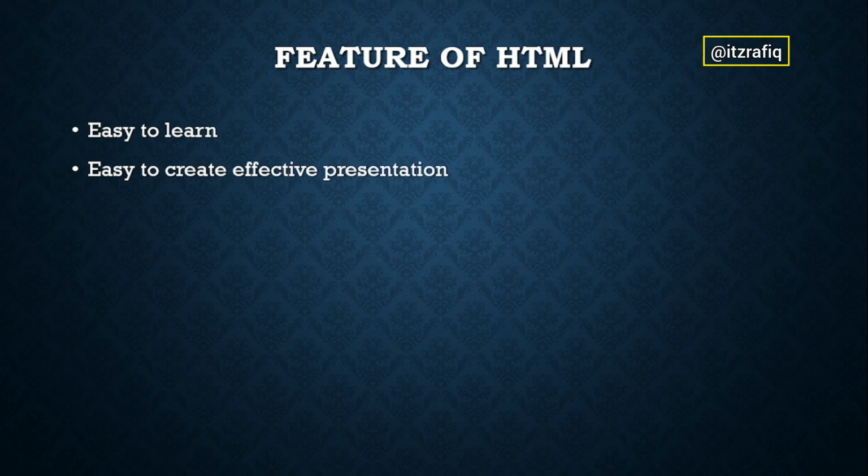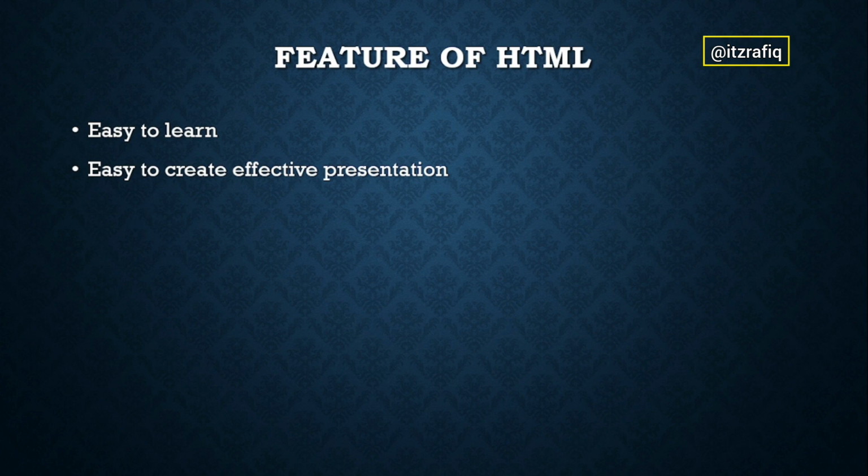When we design a page on MS Word or PowerPoint, there we get some limited features, but here we have plenty of options. By using CSS, JavaScript and some other features, we can make a really beautiful page.